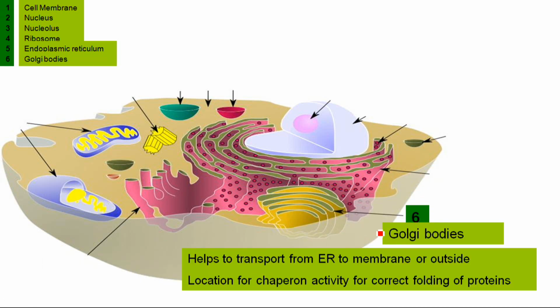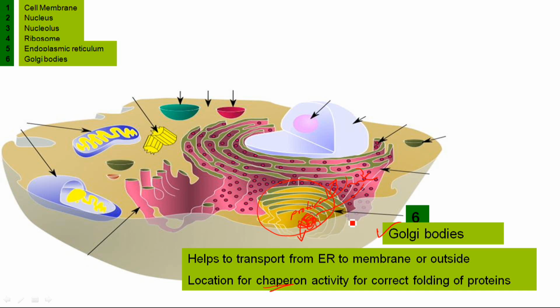Next are the Golgi bodies. These Golgi bodies are vesicle-like structures, attached to the rough endoplasmic reticulum, and they help to transport the manufactured proteins from the endoplasmic reticulum to the membrane or the outside of the membrane. This is also the site for the chaperone activity of correct folding of the protein, because when proteins are made inside the endoplasmic reticulum, they do not have the correct folding for their function.